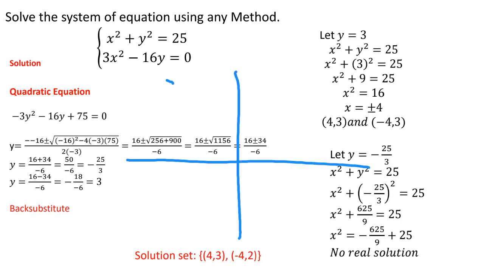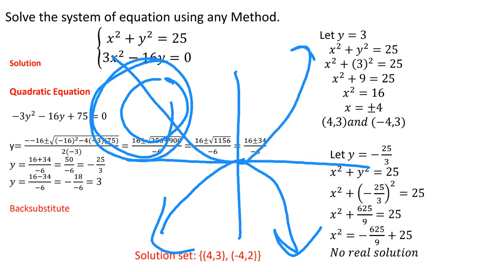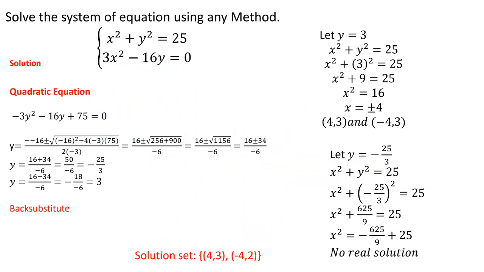If my circle is over here, the only way that this might not have a solution is if the parabola was opening downward. But if the parabola is opening upward, then eventually it's going to intersect it somewhere over here. So there is a possibility that there's no solution, but then you could have two solutions or four solutions, depending how the circle is next to the parabola.